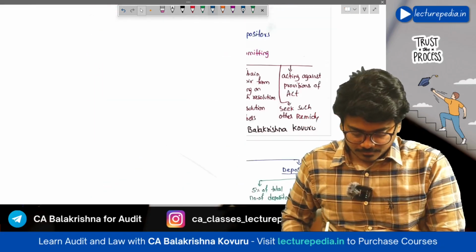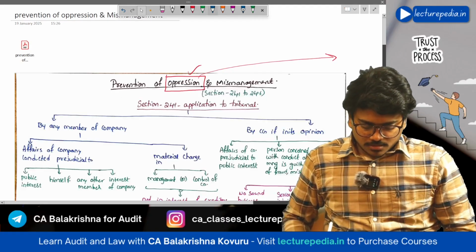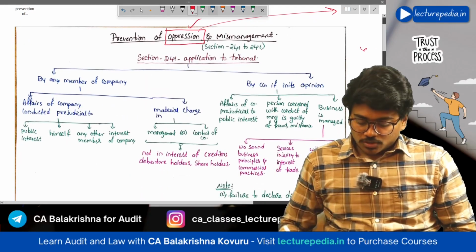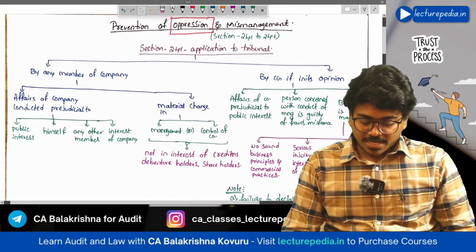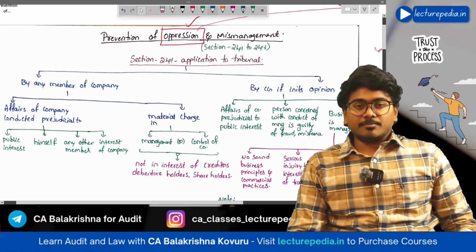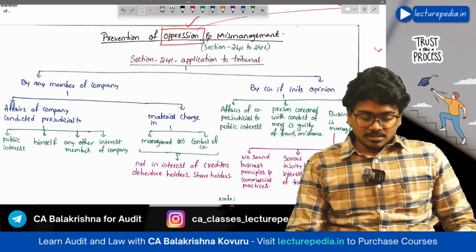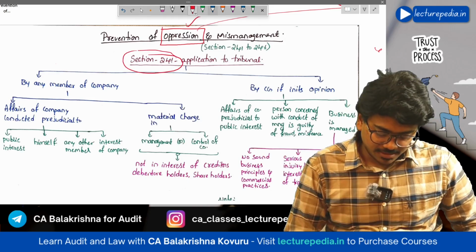So whenever any mismanagement or oppression takes place in the company, you can file an application with the tribunal under section 241.